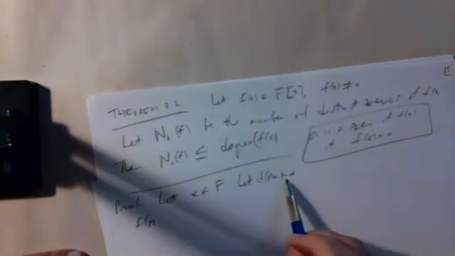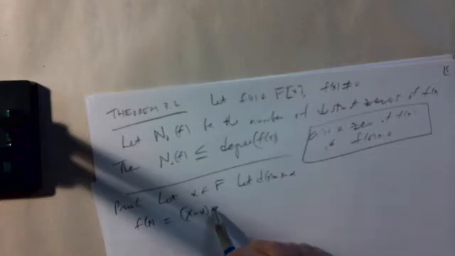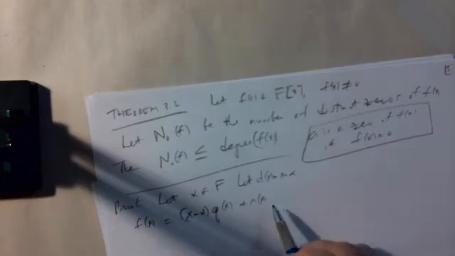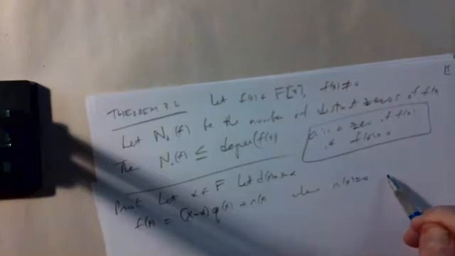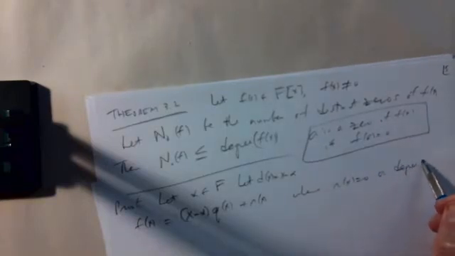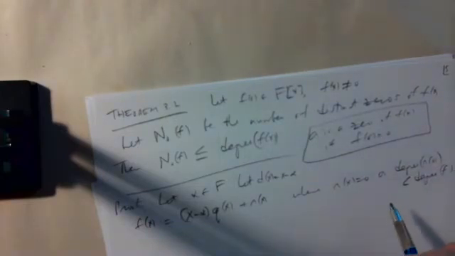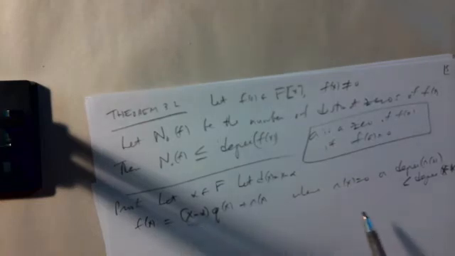So if you take f of x and you divide it by x minus alpha, you get x minus alpha times some quotient plus a remainder, where either r of x equals 0 or the degree of r of x is less than the degree of f. Sorry, less than the degree of x minus alpha. What you're dividing by is x minus alpha.